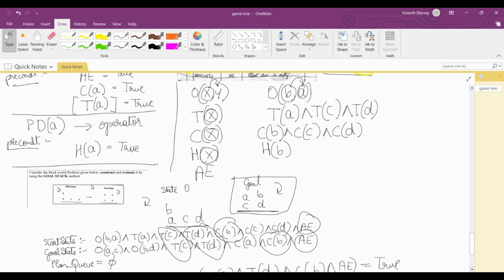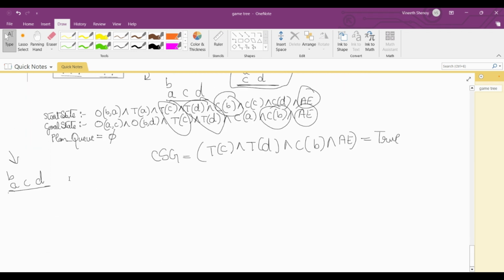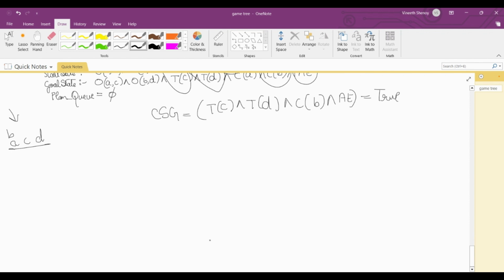But they specifically mentioned that we have to solve it using goal stack. There is one problem with goal stack. It creates multiple intermediate steps, and the process becomes very lengthy. You will know more about that in the Sussman anomaly problem. So here the steps are very few. So we'll start in goal stack.